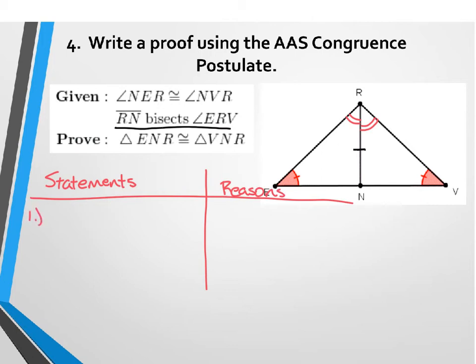Okay, 1, name the given. And then the other part of the given, RN bisects angle ERV.